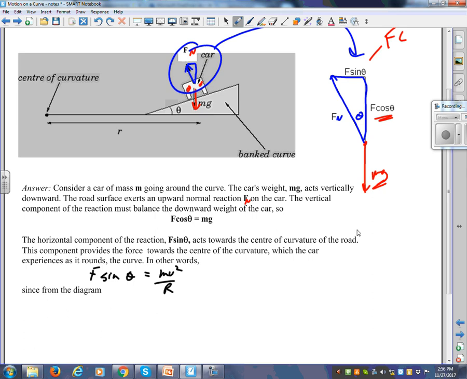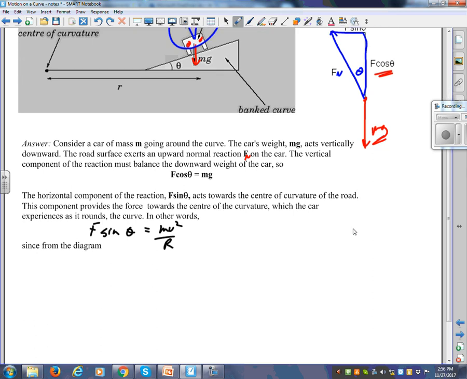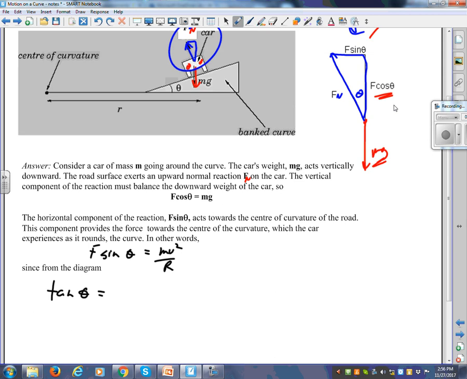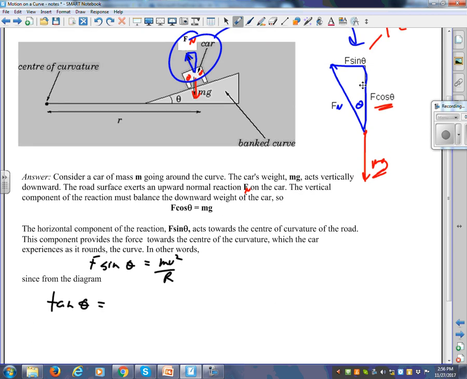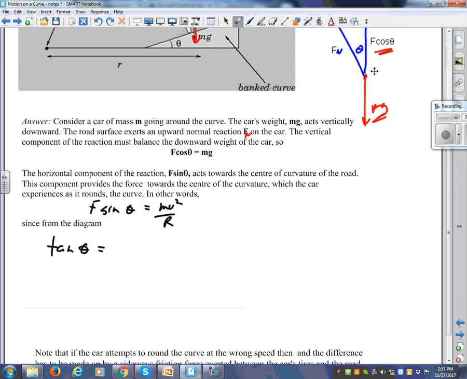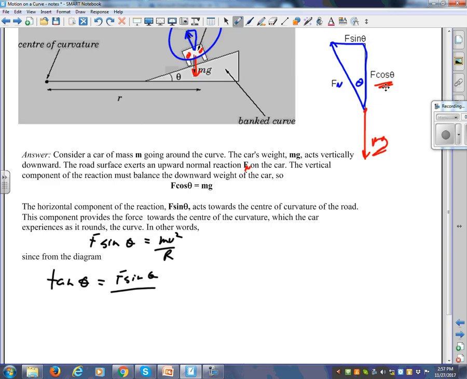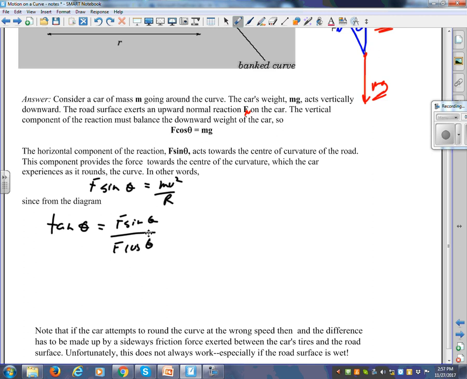But think about it, it's equivalent to tan theta. What is tan theta? Opposite over adjacent. What's opposite the angle? F sine theta. And what's adjacent to the angle? F cos theta.